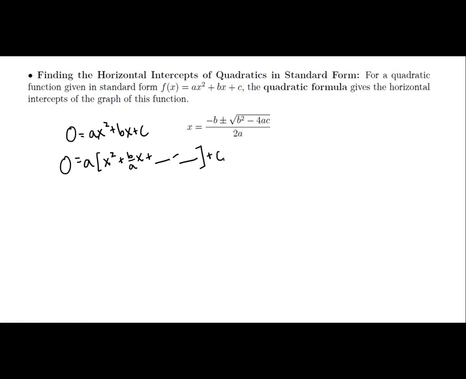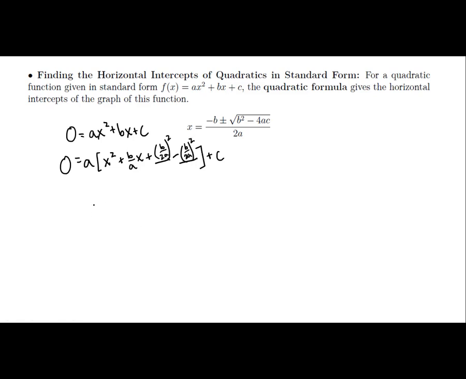And then I'll just leave the c out here. Now it's b over a because, if I multiply a back through, I'll end up with bx in the middle term. And so the idea is, okay, well, what am I supposed to add and subtract? Okay, so what you end up doing is like we said before, you're going to add half of the middle term. So half of the middle term is b over 2a squared. And then, of course, you're going to subtract b over 2a squared.